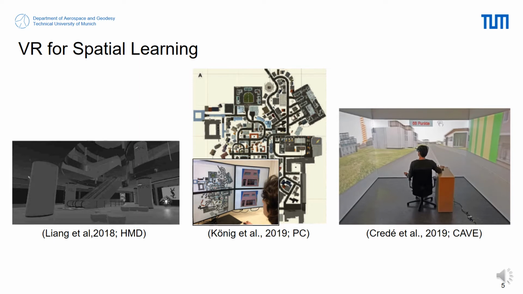And in this case, VR is not only limited to HMDs or caves. Virtual environments shown on PC monitors are also referred to as virtual reality. And such environments can be buildings, outdoor parks, squares, or even the whole city.